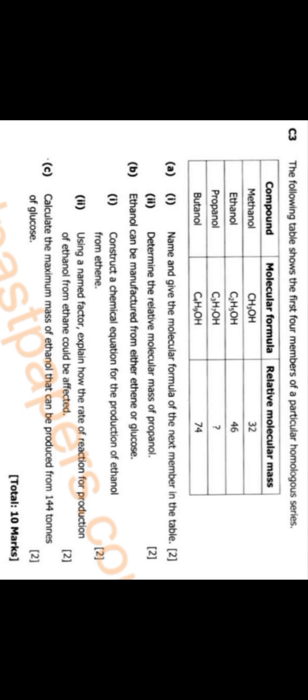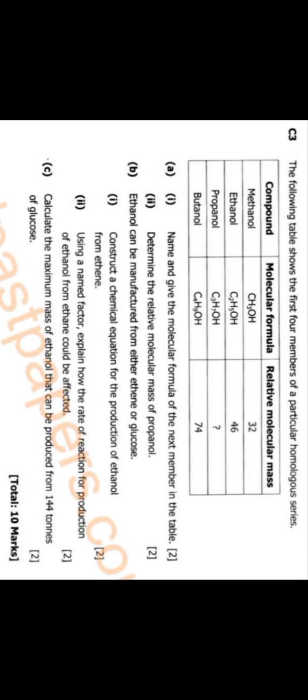Now the molecular formula is derived from the general formula, CnH2n+1OH, which is the general formula for alcohols.